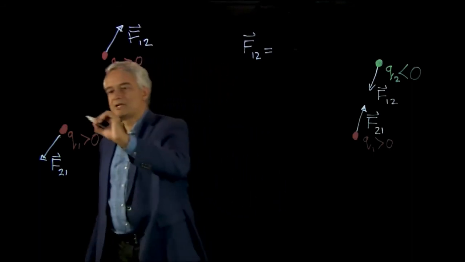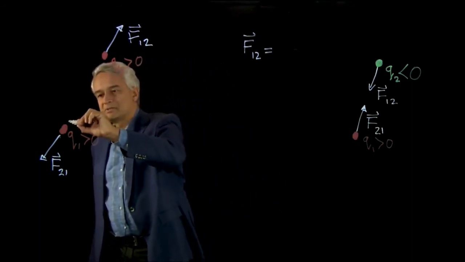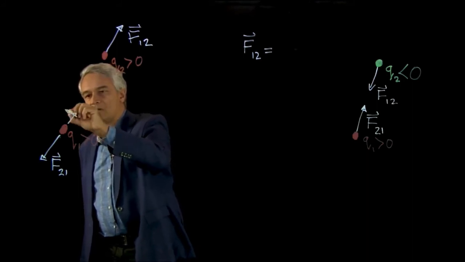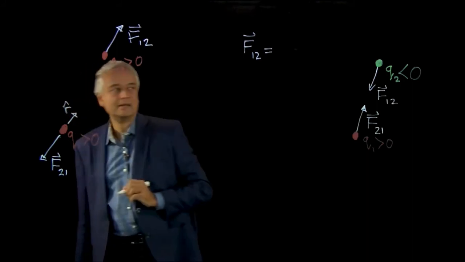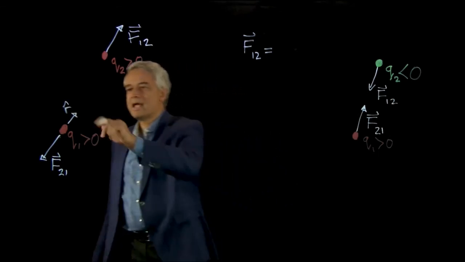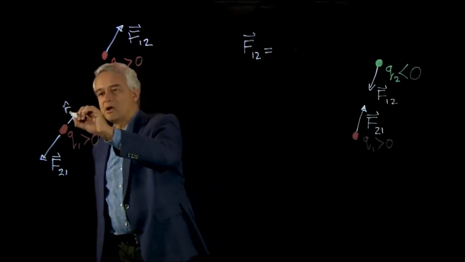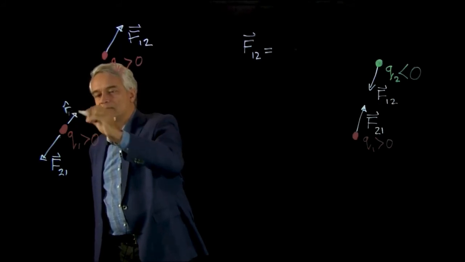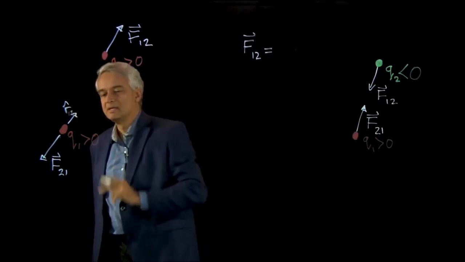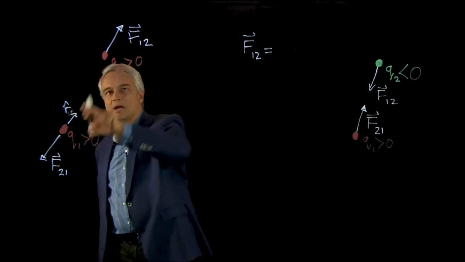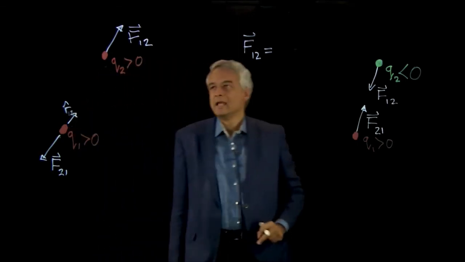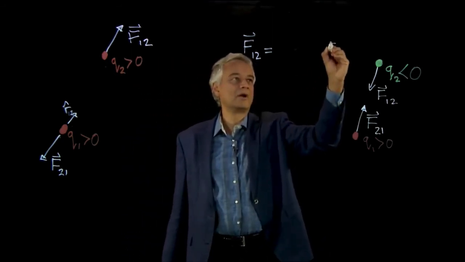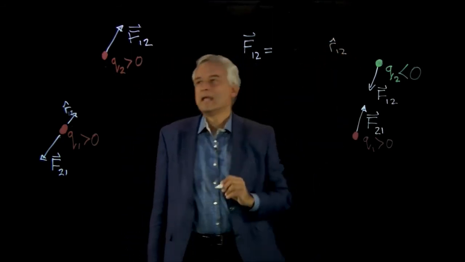The way I'm going to write its direction is I'm going to define a unit vector, which I will call r hat 1, 2. R hat 1, 2 is a unit vector pointing from 1 in the direction of 2. And F12 is in the direction r hat 1, 2.